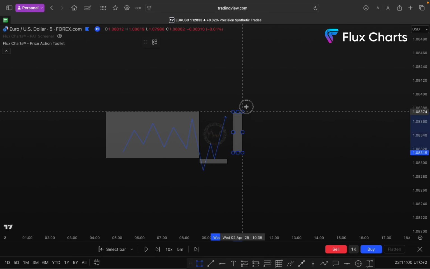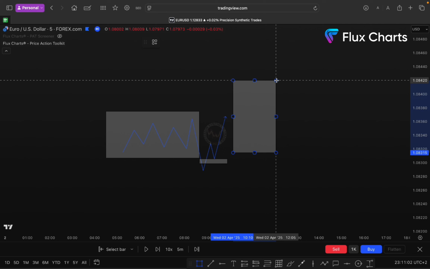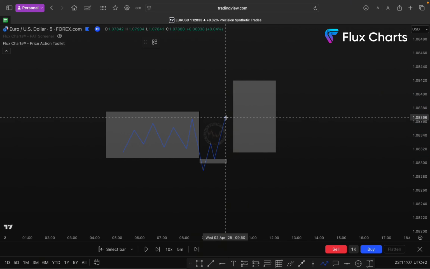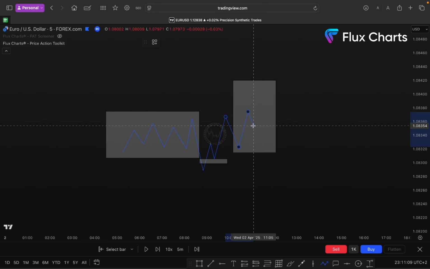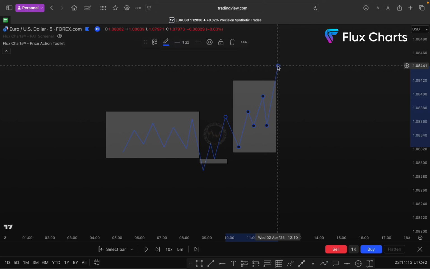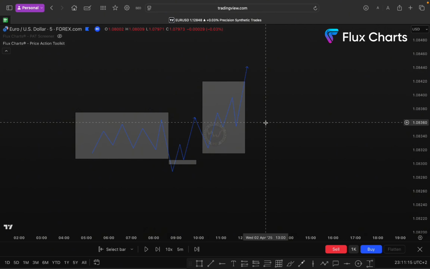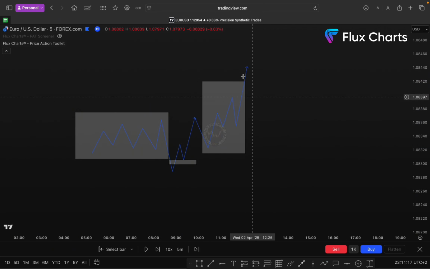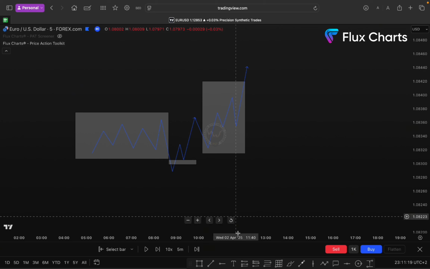And let's say, for example, this is London. And price continues in London. And we break out in London. The next thing we want to look for, because we had a sweep above the session's high, we want to wait for a fair value gap to turn to the downside.